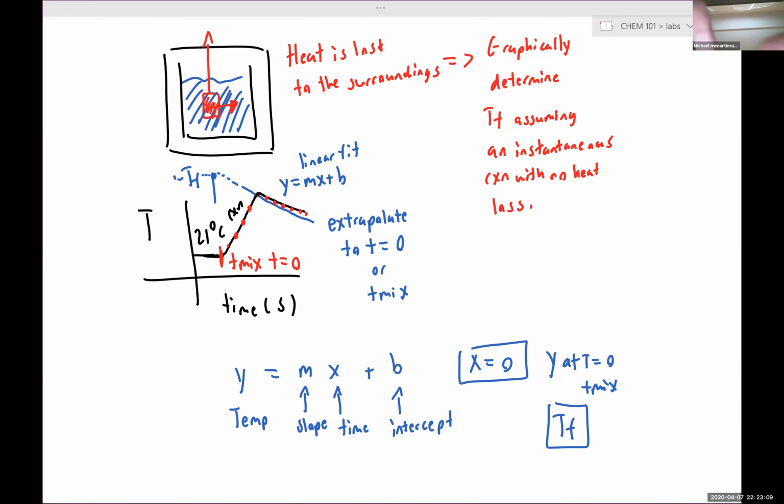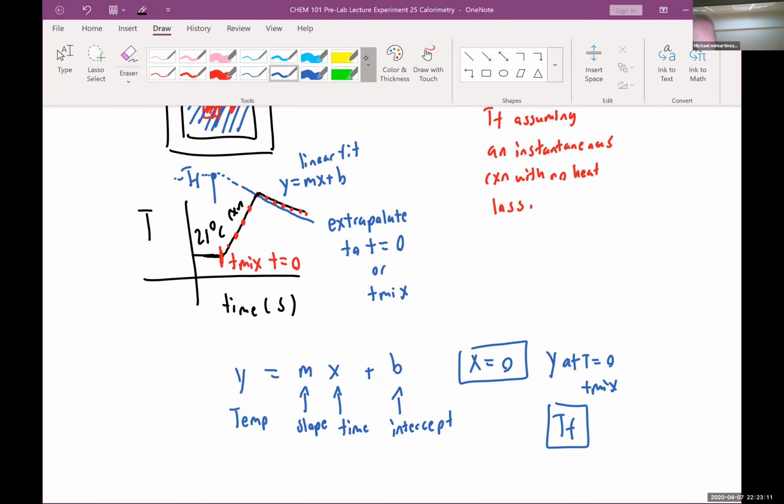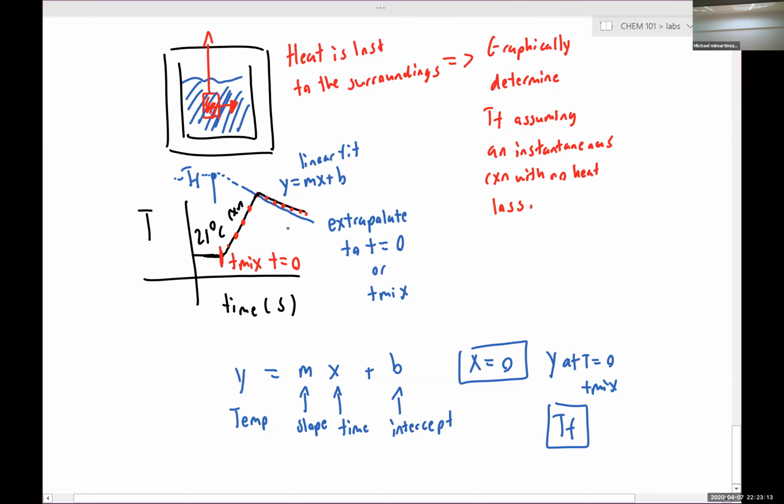So just to reiterate once again what you're doing. You're going to collect on your own the temperature as a function of time. So for example, every 5 seconds, you're going to write down the temperature. You're going to plot that graph of temperature versus time. You're going to note the time when you mixed your samples. T mix will be T equals 0 on your graph.